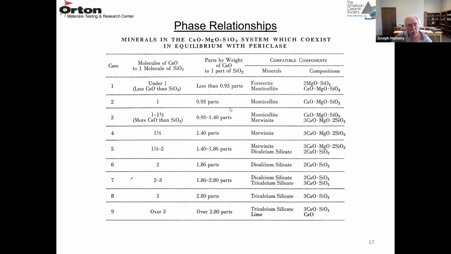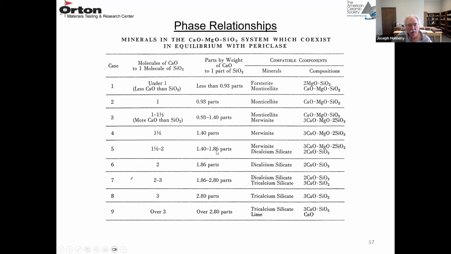So this table is a good summary of what I just described. There's 9 different cases. This is molecules of CaO per molecule of SiO2, and what I was just describing is in weight percent. This is parts by weight of CaO to 1 part of SiO2. These are the minerals that are forming and their chemical compositions. So here's 1.86. So 1.86 and higher, which is the bottom portion of this diagram, you're just going to have dicalcium silicate, tricalcium silicate, or lime.